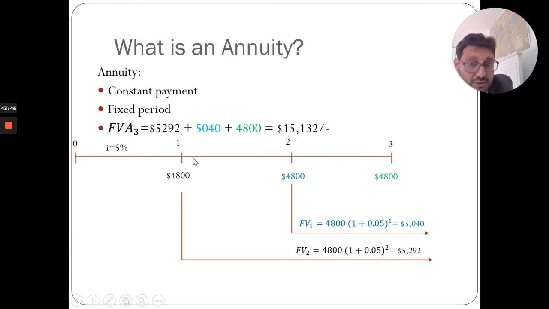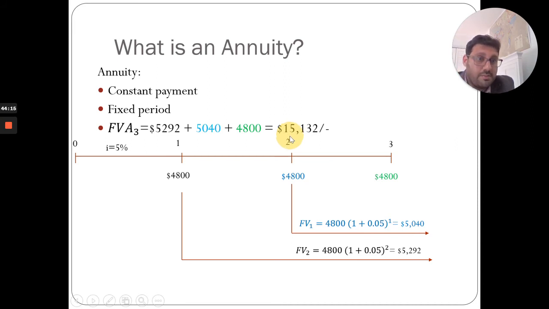Because you made this first payment at the end of the first time period. You did not make it at the end of the 0 time period. So 4,800 into 1 plus the interest rate raised to the power 2 is 5,292. So add all these 3 up, which I have done over here, and you can see it is 15,132, and this is your ordinary annuity.